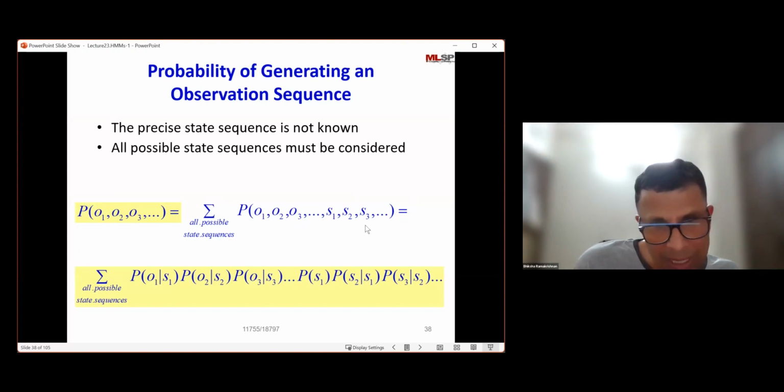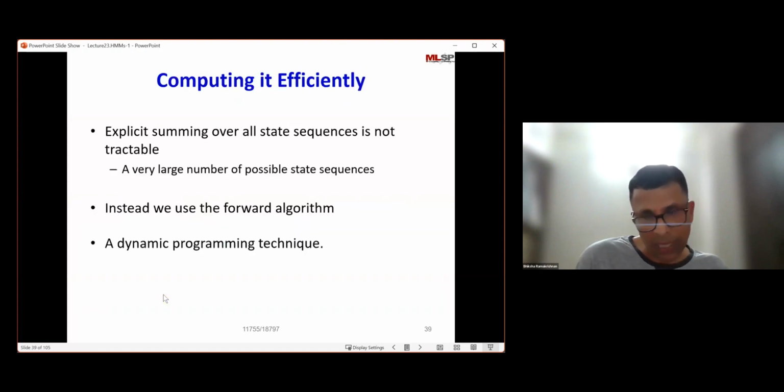Is this equation making sense, the one on top? Okay. If I write it out, this is the sum over all possible state sequences of the product of the probability of the first state and all of the transitions, times the product of the probabilities of the individual observations from their states. I can compact it down.